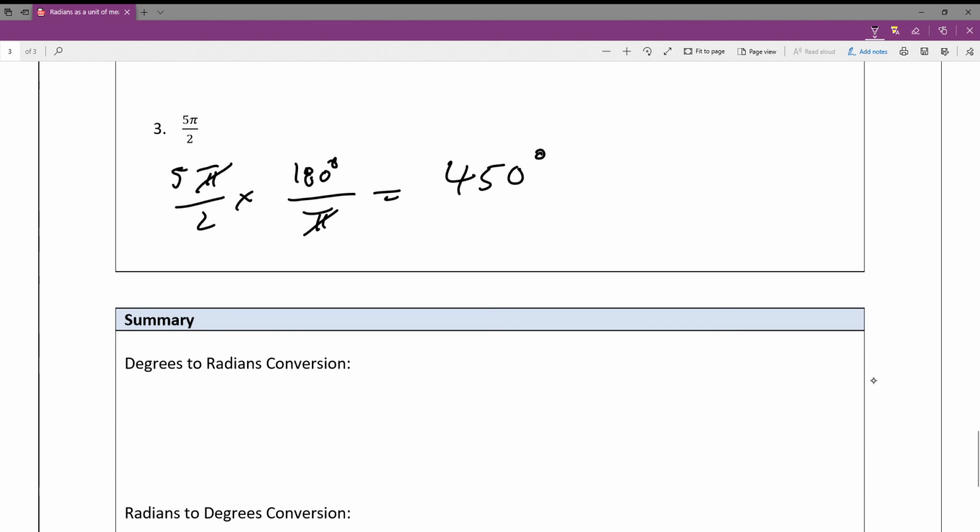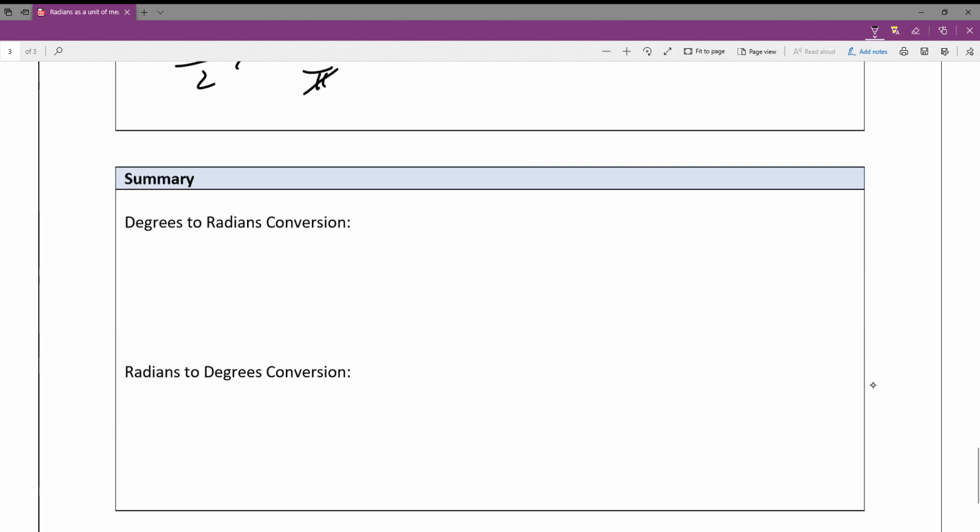Okay, that's pretty much it for this lesson. I just wanted to show you how to convert from degrees to radians and then radians to degrees, and also tell you what exactly radians are. So let's summarize. Degrees to radians conversion. Let's say you have x degrees.